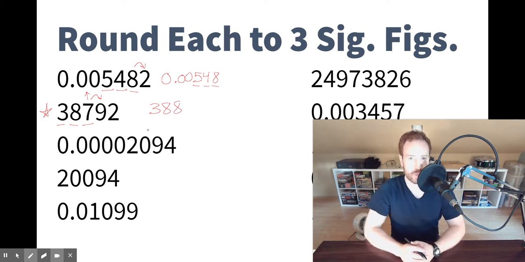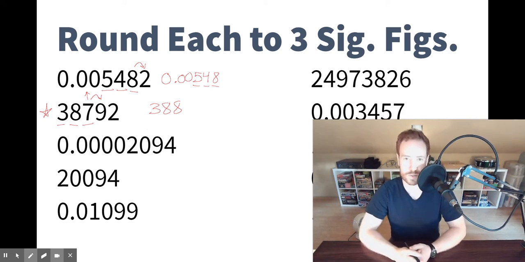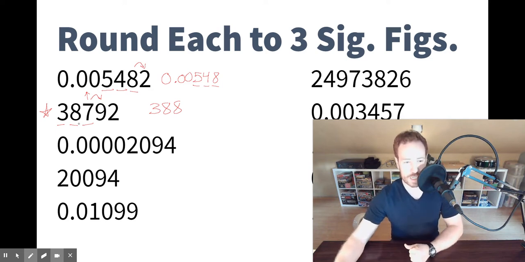Now, I see a lot of people every year just stop there and say, oh, okay, the number is 388 because those are the sig figs. How did we round 38,792 to 388? There's something wrong there. What's wrong is that these are our 3 sig figs, but the 3 needs to be in the 10,000s place.